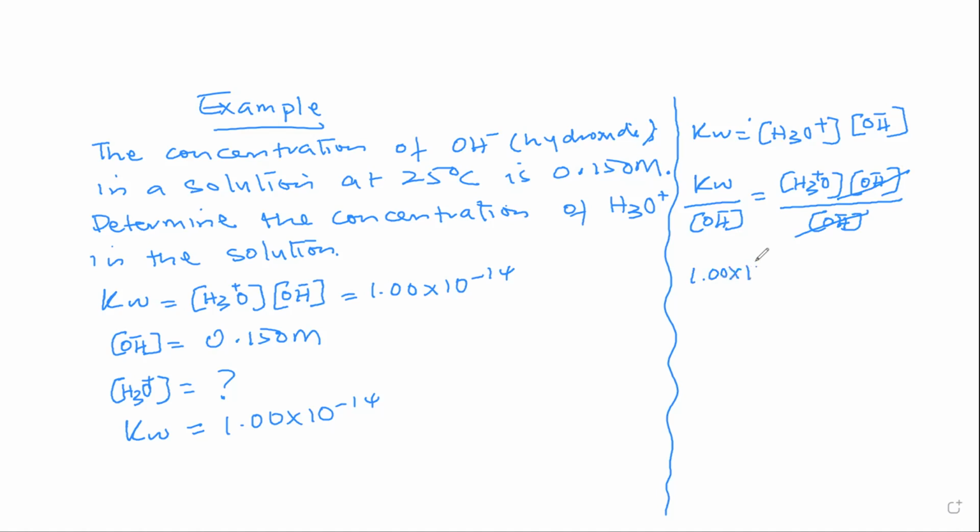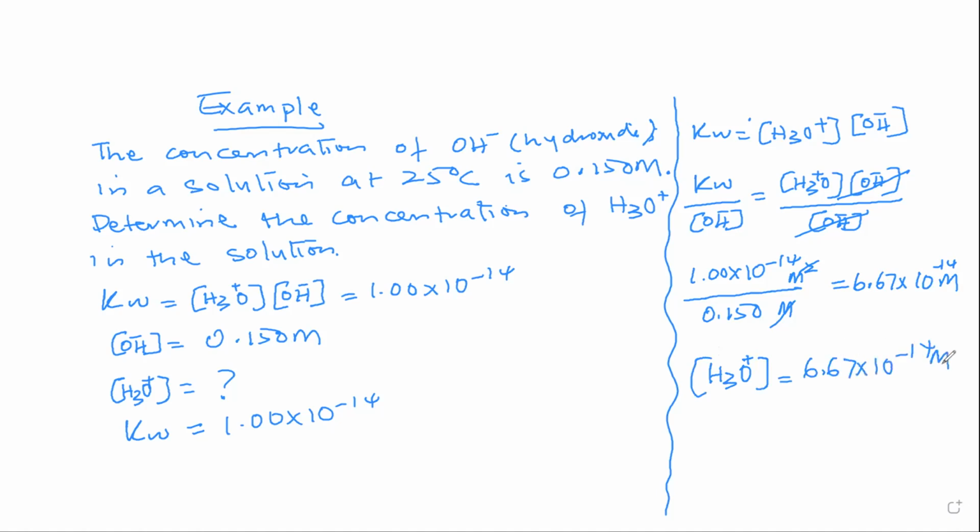We know Kw, and we know 0.150. So the hydronium ion concentration is 6.67 times 10 to negative 14 molar.